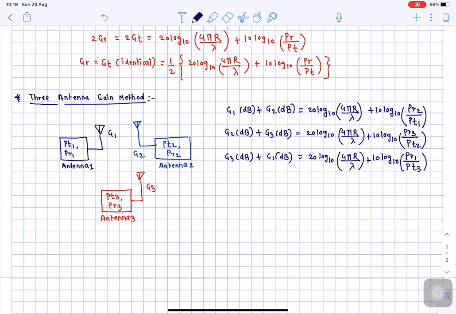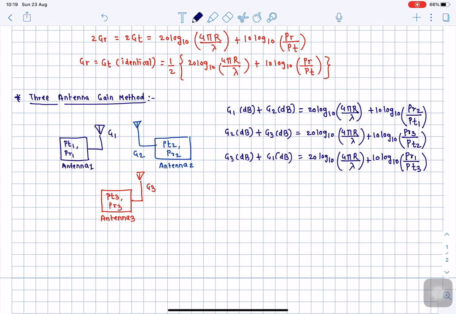Okay, so here the distance capital R and lambda are known. Okay, and we are going to measure the power received at all these three antennas, and we already know what power we used to transmit via these three different antennas. So the ratios of power in these equations are known, the separation distance is known, and the operating wavelength is also known. So for all these equations the right hand sides are known.